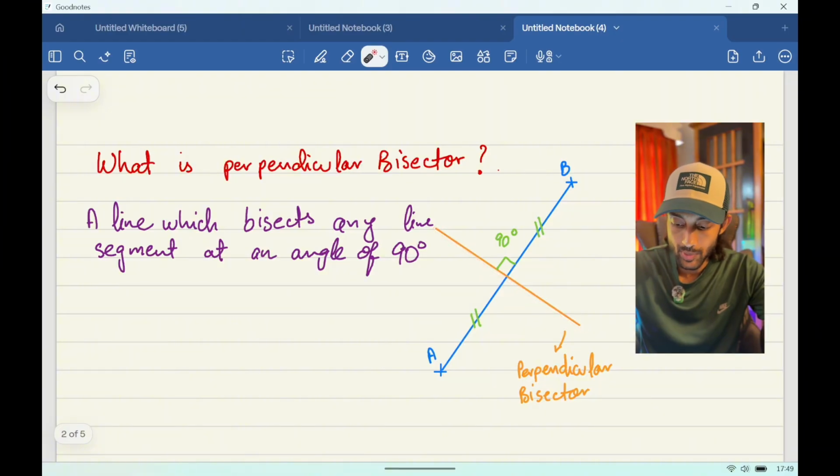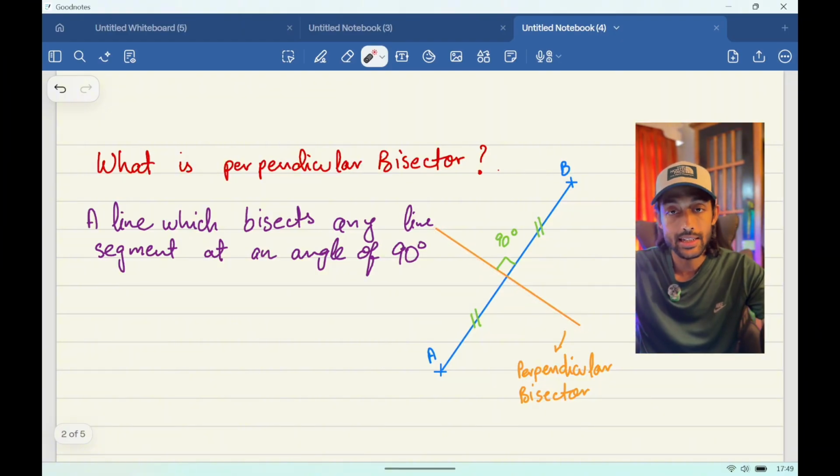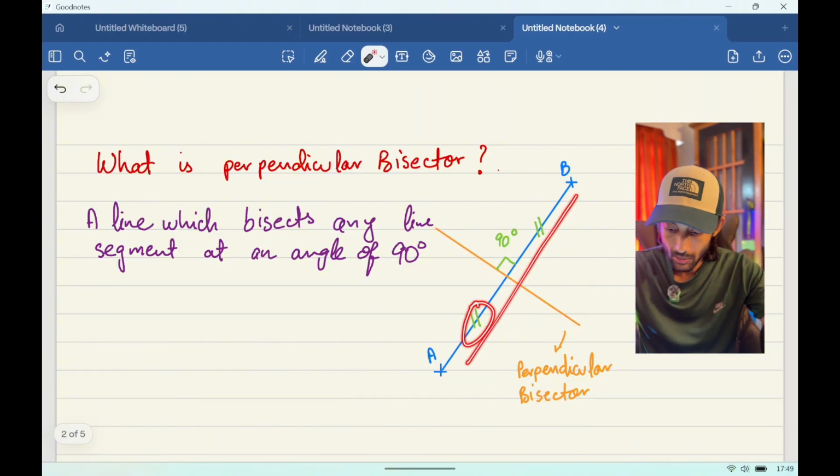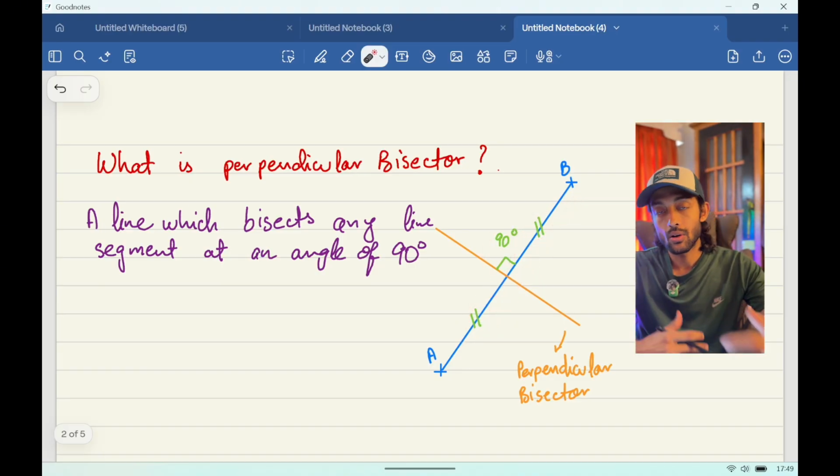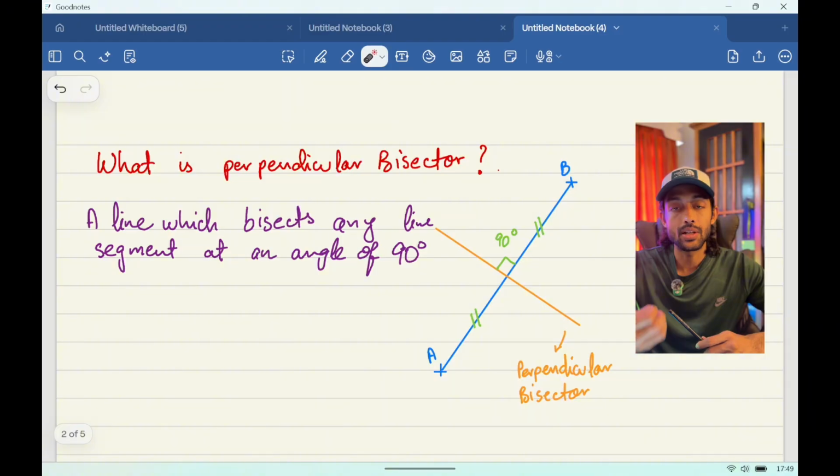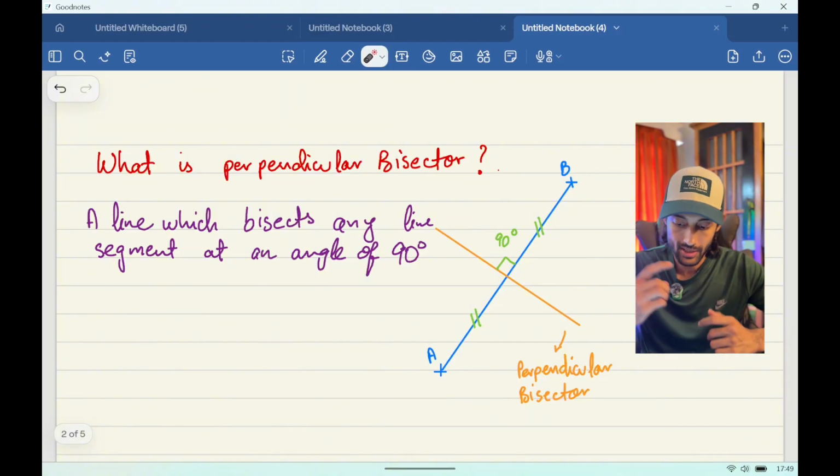This orange line is the perpendicular bisector, which is basically dividing this blue line into 2 equal parts at an angle of 90 degrees. Now obviously there are some certain steps that you need to follow in order to find out the equation of the perpendicular bisector.